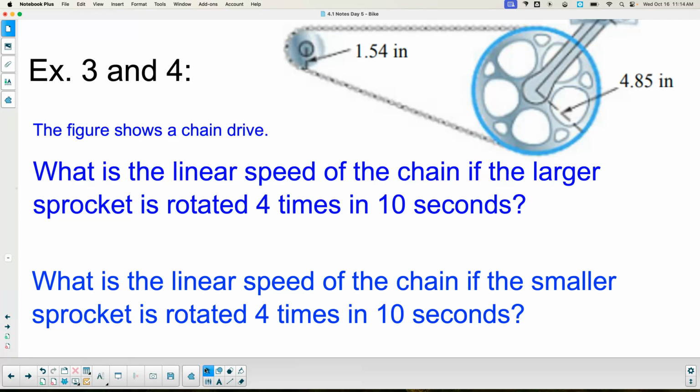Okay? Everybody understand the problem? Questions on said problem? All right, figure it out. Coming up with 2 speeds there.